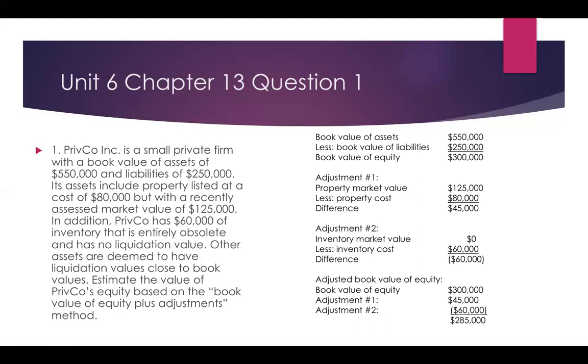Finally, we take the book value of the equity that we figured out in the beginning of $300,000. We add the difference in the property value of $45,000, and then we subtract the difference in inventory of $60,000, which gives us the adjusted book value of equity of $285,000.